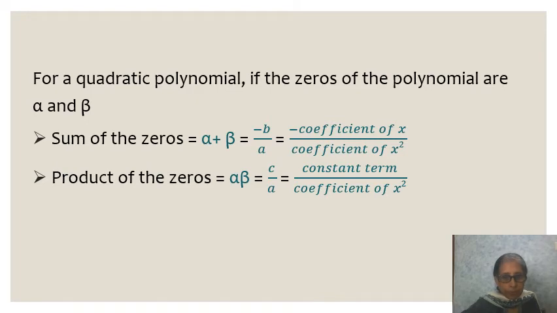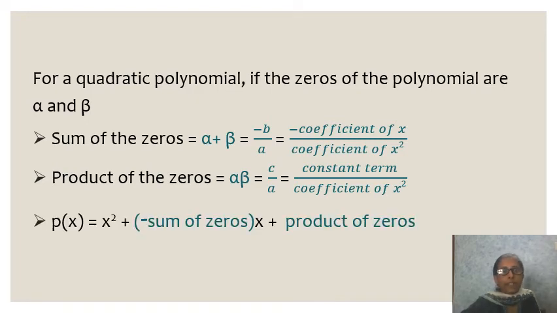And the next one is also very important. P of x, that is polynomial in x, is equal to x square plus minus of the sum of zeros into x plus product of zeros. Is that clear? You know that when you get a quadratic polynomial to factorize, we use sum and product method, isn't it? Splitting the thing. That's the same thing you can remember for learning the third point.